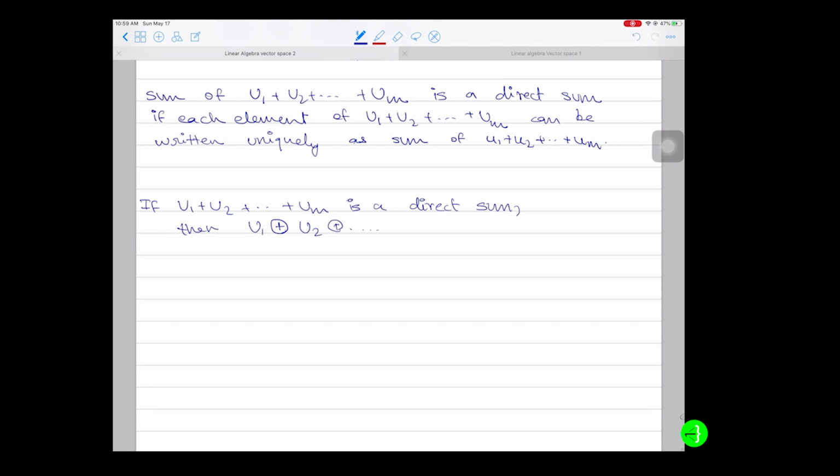This is how we denote the direct sum. It means if the normal sum of the subspaces is a direct sum, we just have the plus and circle to denote that it is a direct sum and not just a regular sum.